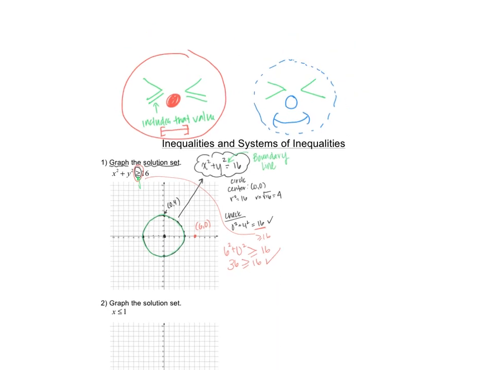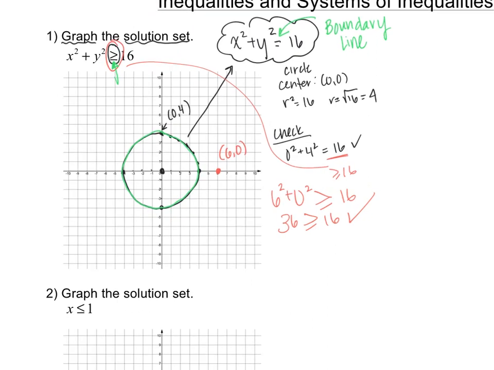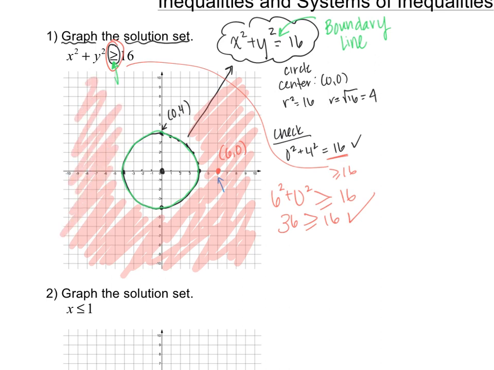So now we have here the solid line, and we already checked that 6, 0 satisfies it. The way we think about that boundary is that there's an inside and an outside section. If we check a point in one of those sections and it's true, that's what we want to cover up. So I would like to shade in everything outside of my function, because all the points out here will make the inequality true.